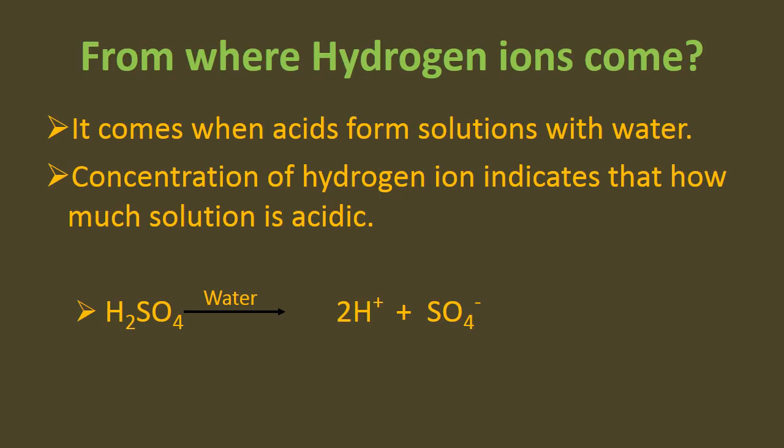Now it's a very basic question: where do hydrogen ions or hydroxyl ions come from? They come when acids form solutions with water. And if I talk about hydroxyl ions, they come when bases form solutions with water. Now the concentration of hydrogen ion indicates how acidic the solution is.